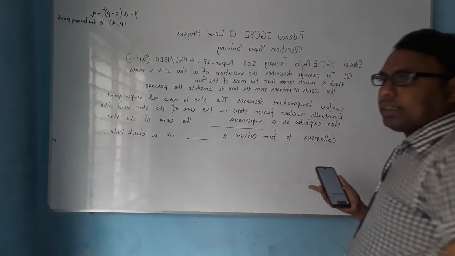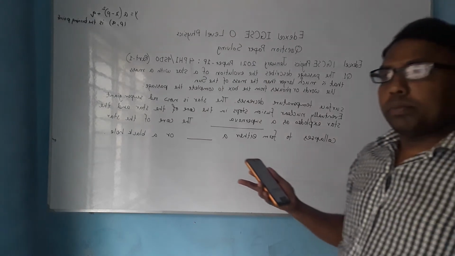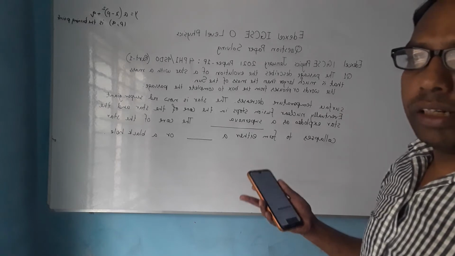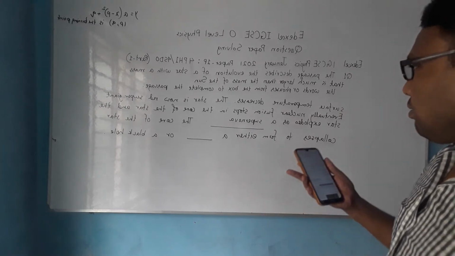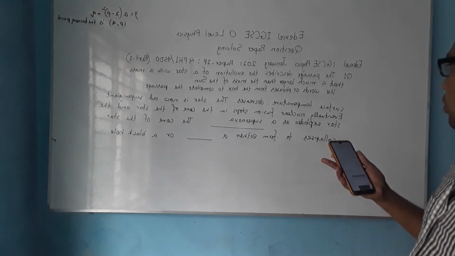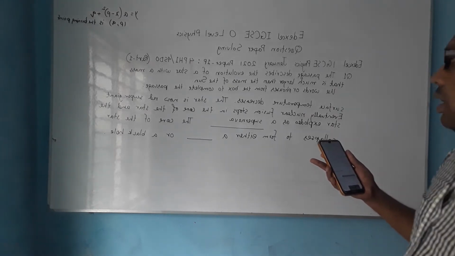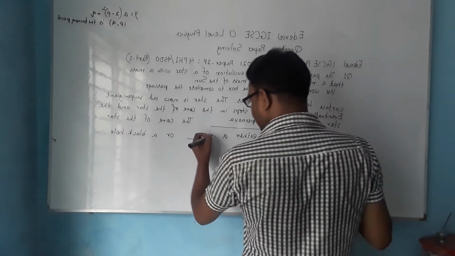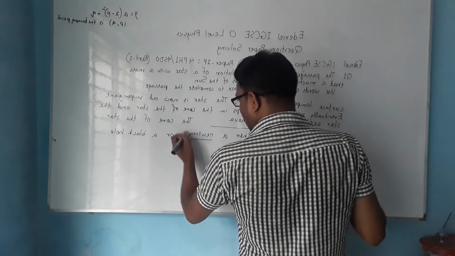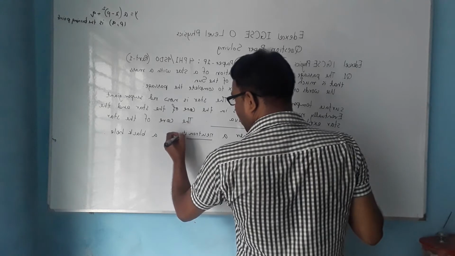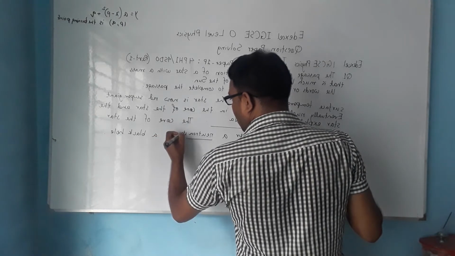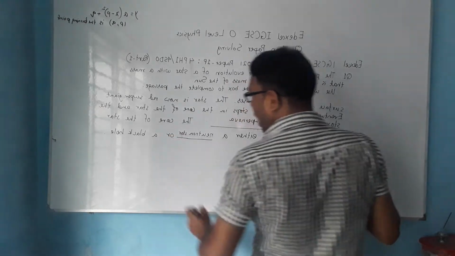As it is a high mass star, we know the mass of this star is much larger than that of the sun. So this star will collapse to form a neutron star, or a black hole.